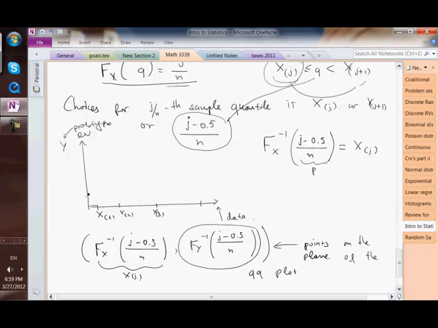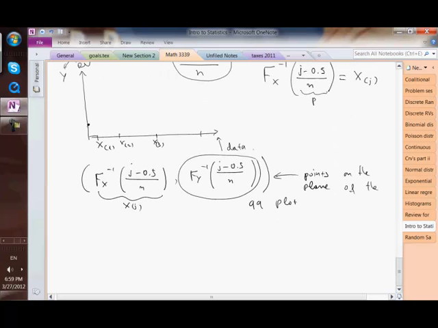So what should be this particular value? This will be F sub y inverse of 1 minus 0.5 divided by n. What finally will be, if this is x sub n, the biggest of all the data points that I have.